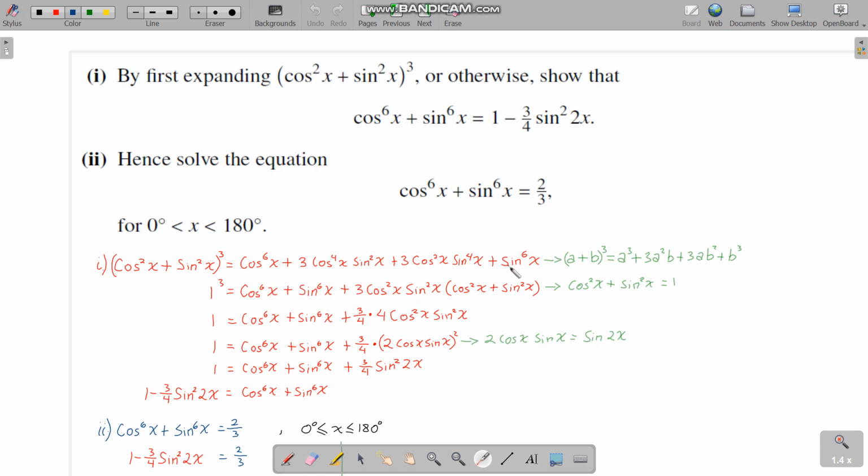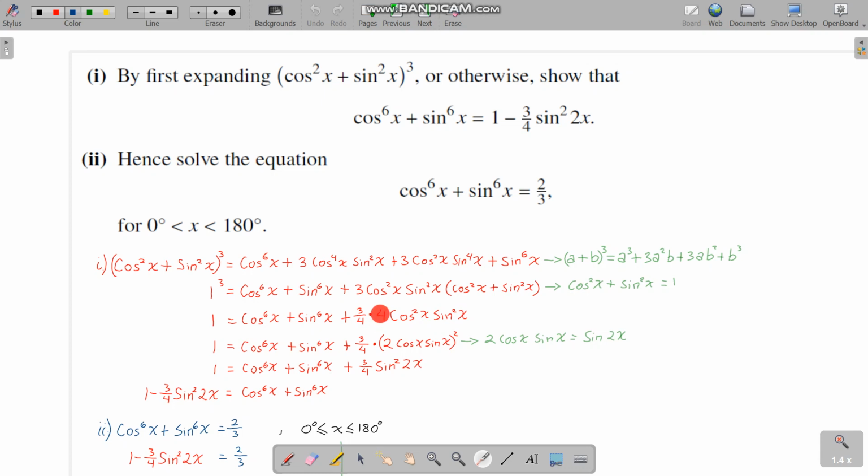This is when we move this here, and from these two terms we can factor out 3 cos squared sine squared. We have cos squared from here, sine squared from here, and this is actually 1. And we want to use the double angle, so we make it 4 times cos squared sine squared.